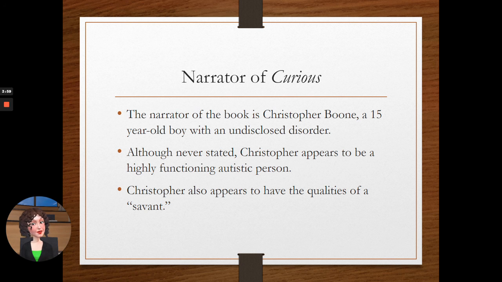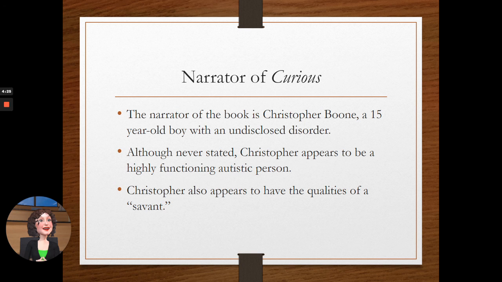So that's why he likes murder mysteries, because a mystery is really like a puzzle to be solved, to be figured out. And part of the fun of reading mysteries is that you get to be the detective as you follow along in the story. So Christopher likes that kind of book. He doesn't like books like Shakespeare, books with a lot of metaphors and poetry incorporated in them, because that's not really a puzzle to be solved.